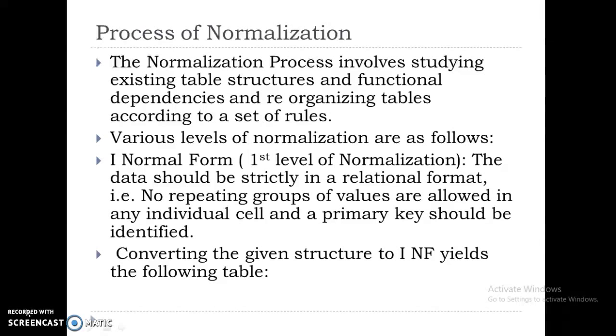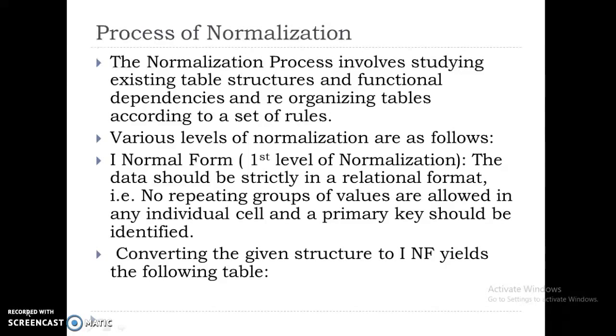And the relational model follows the basic mathematics underlying a table structure. In the relational model, you're not allowed to have multiple values within any one individual cell. That is, any intersection of a row and column, which we call a cell, should only have one single value. That is the first rule.